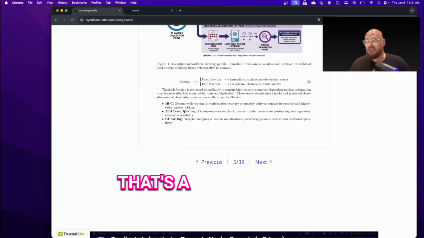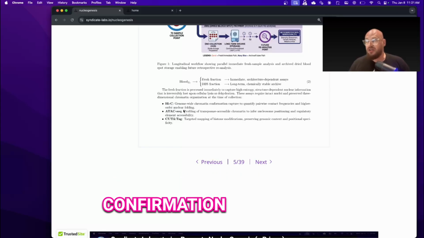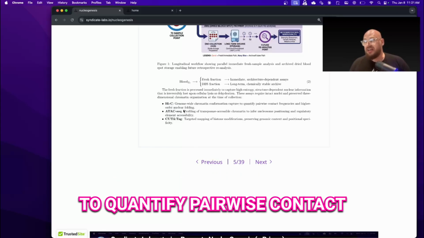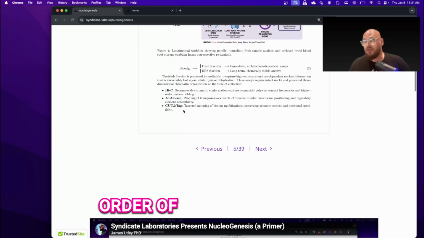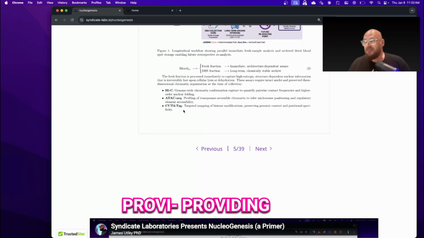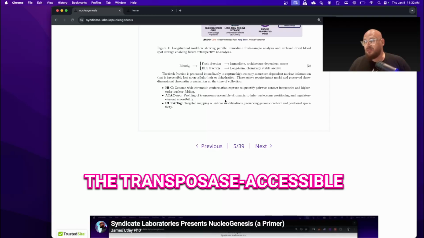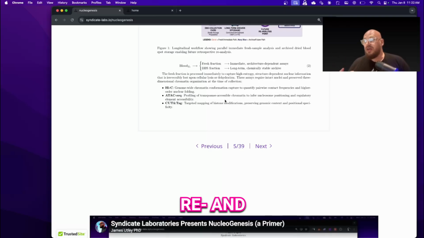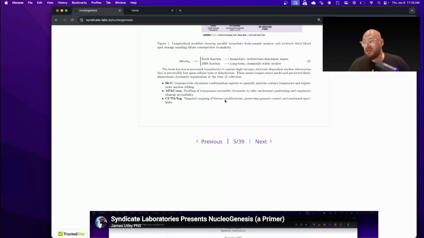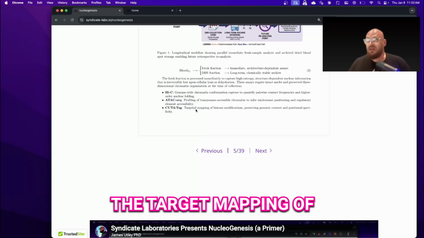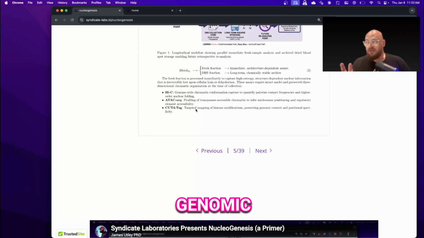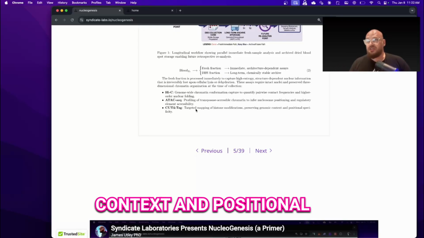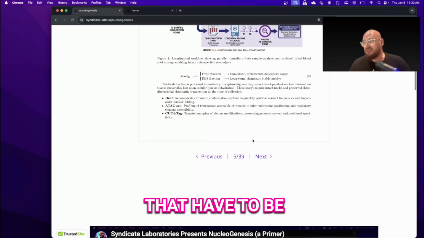So the Hi-C, that's a genome-wide chromatin conformation capture to quantify pairwise contact frequencies and higher order nuclear folding. The other one is the ATAC-seq, probing the transposase-susceptible chromatin to infer nucleosome positioning and regulatory element accessibility, right? And then you have CUT&Tag, right, which is the targeted mapping of histone modifications, preserving genomic context and positional specificity. So these are all things that have to be done right away.